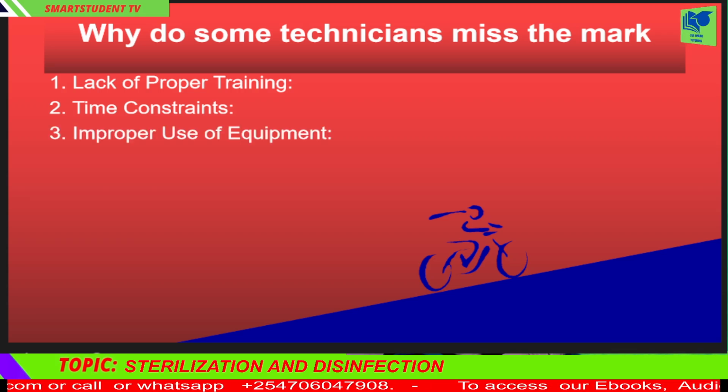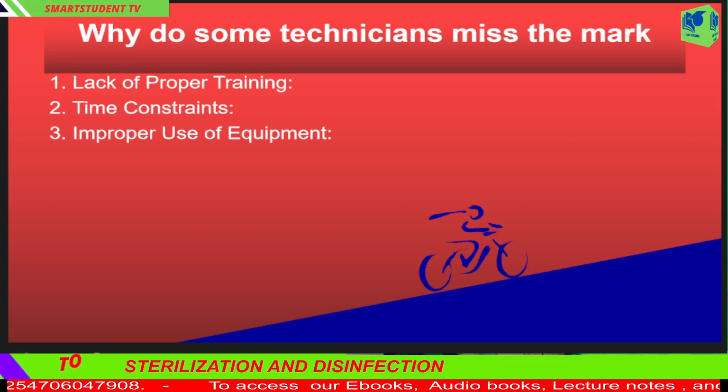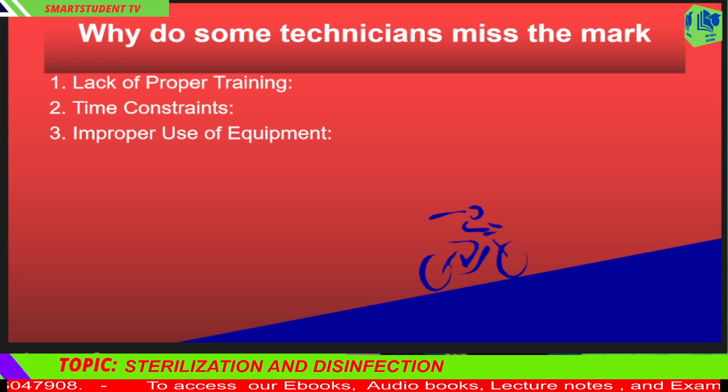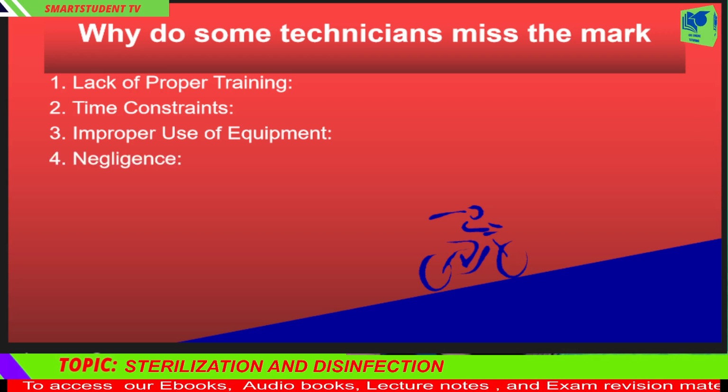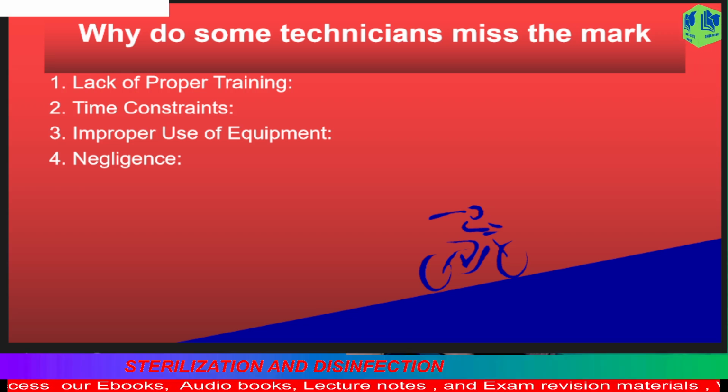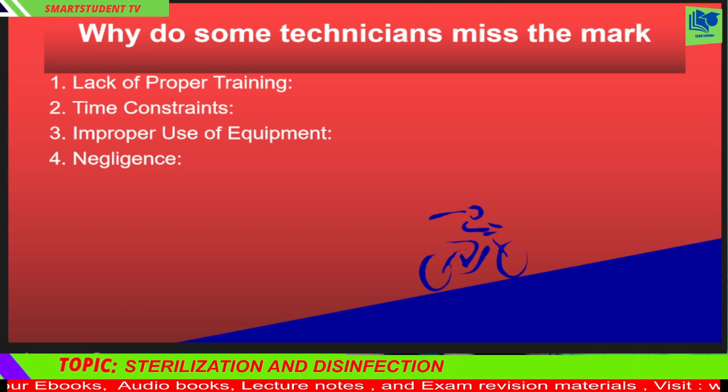3. Improper use of equipment. Sterilization equipment such as autoclaves and hot air ovens require precise operation. Misuse or failure to follow standard operating procedures can compromise the sterilization process. 4. Negligence. Sometimes, technicians may underestimate the importance of thorough sterilization, assuming that basic cleaning is sufficient. 5.